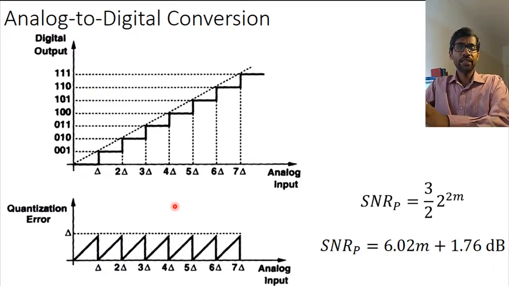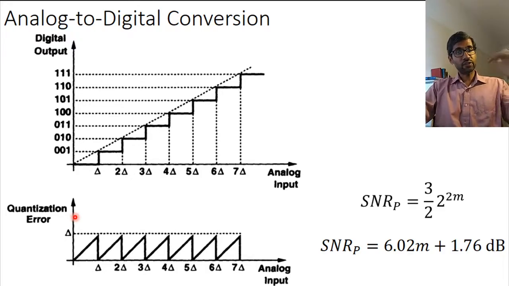You can model this error with the analog to digital converter as if there was a noise being added to your signal. Okay, so this quantization error can be modeled as a noise. So you have your signal, and on top of it, we add a noise, which is basically the errors because of the quantization process. And if we do that, we can calculate something called the signal to noise ratio.